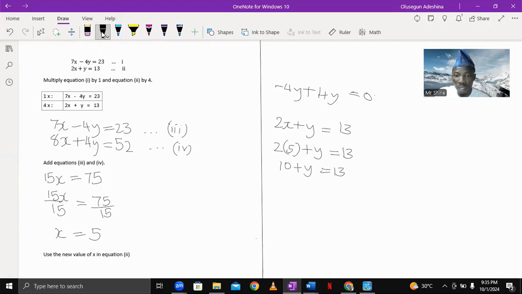So we can collect like terms now. Only y will be left on the left-hand side, while on the right-hand side we have 13. The positive 10 is crossing over to the other side and becomes a negative 10. So y will be equal to 3. Therefore, we can say that x is equal to 5 and y is equal to 3. Now, this is the elimination method.